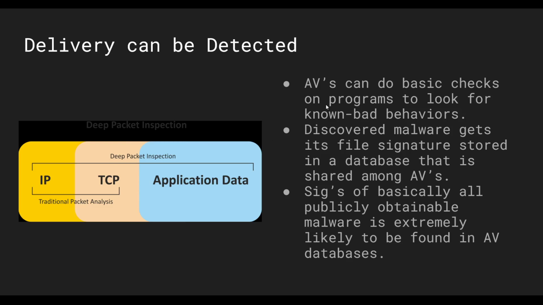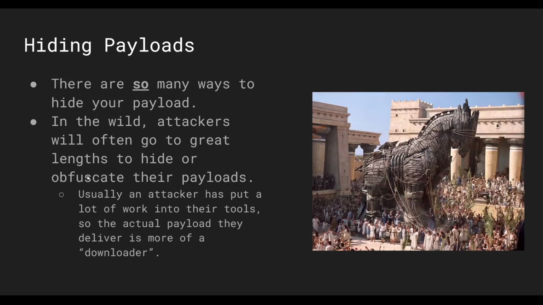So delivery can be detected, and that might be kind of vague, but that's the trick to this whole kill chain: how a lot of these different phases blur together. If it can be detected, these attackers need to obfuscate.